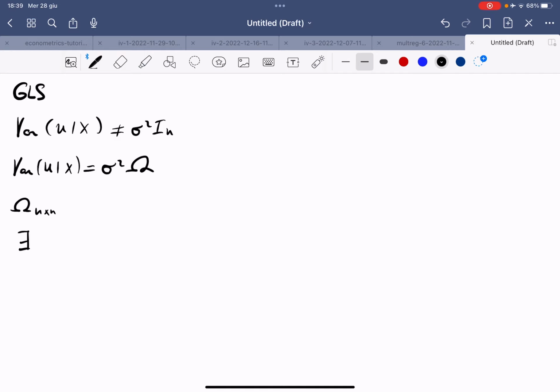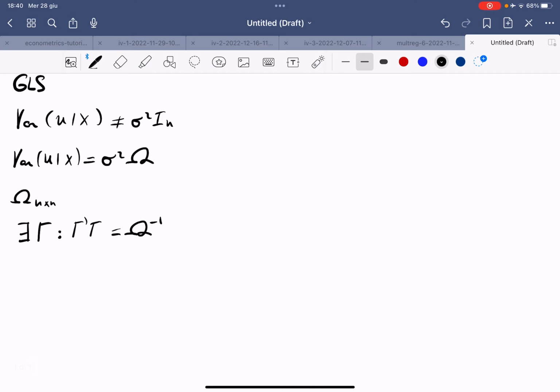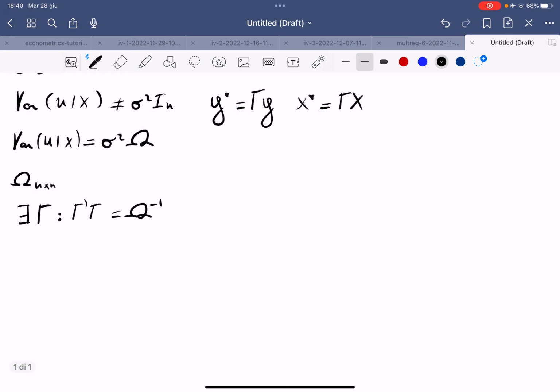So there exists a gamma matrix such that gamma transpose gamma is equal to the inverse of omega. So we proceed to transform our data to create y star equal to gamma y and x star equal to gamma x.